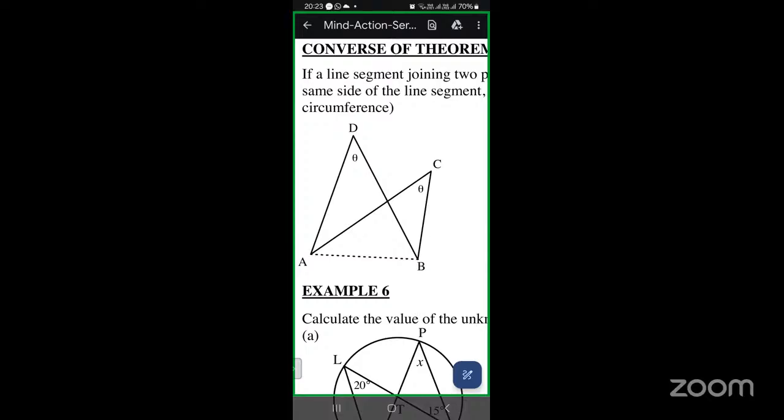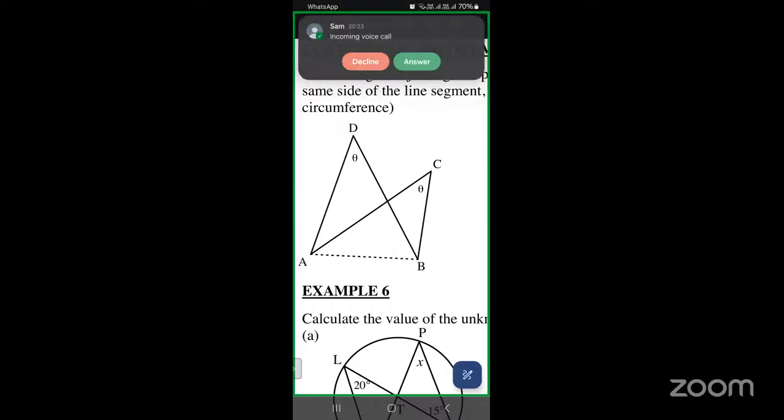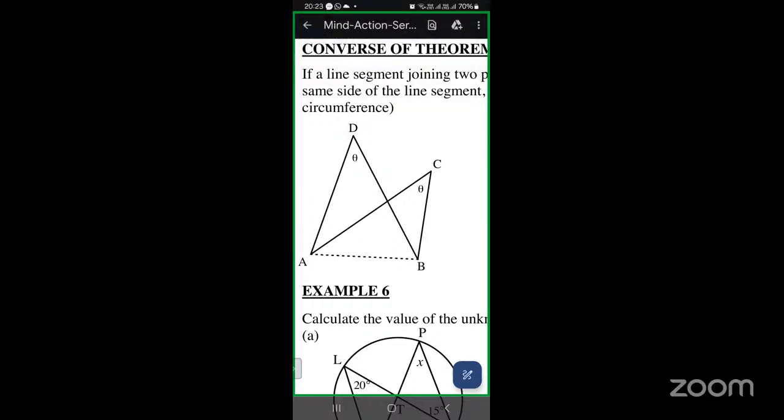Then you can say angle A is equal to angle B, angles in the same segment. You can say angle B is equal to angle D, angles in the same segment. It doesn't work like that.